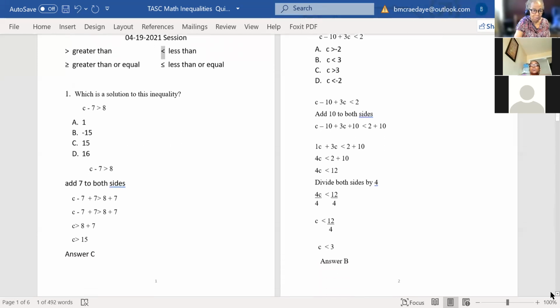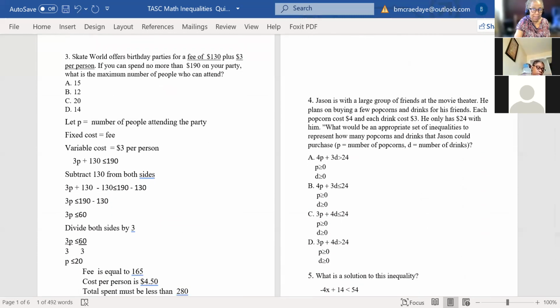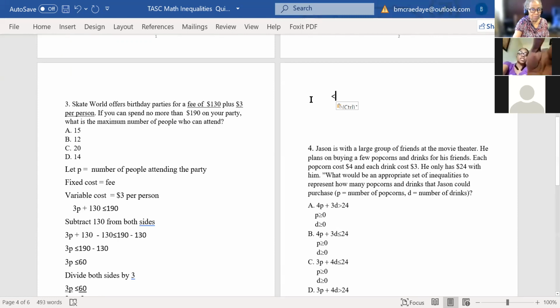You tell me what's on the left and what's on the right. Fixed plus variable on the left, Vanessa. What's the fixed plus the variable on the left side?